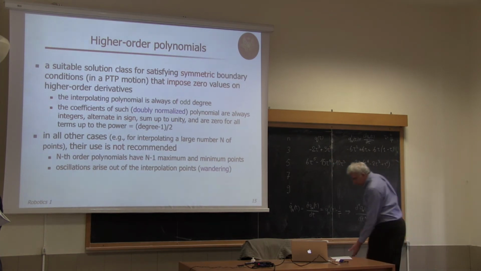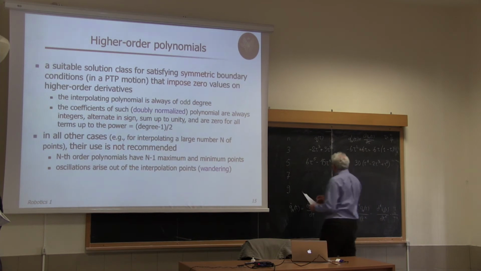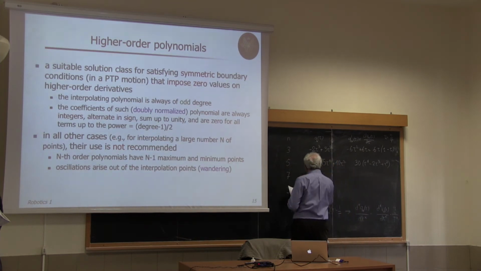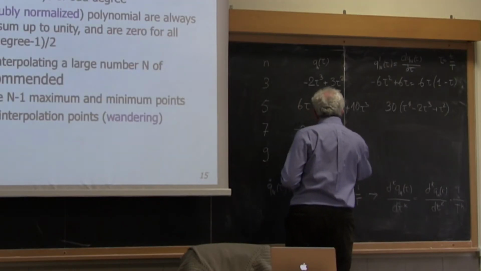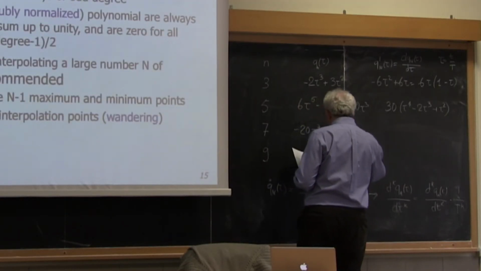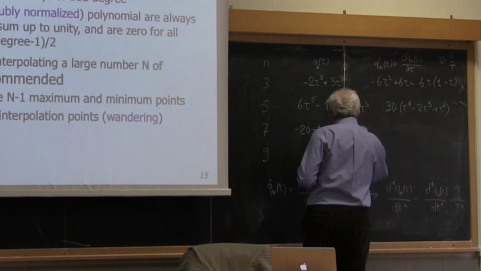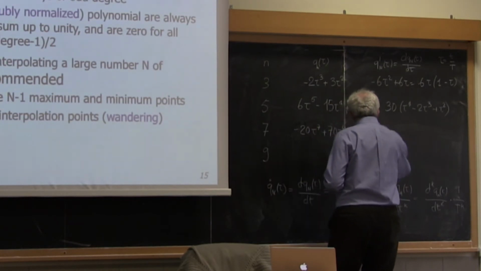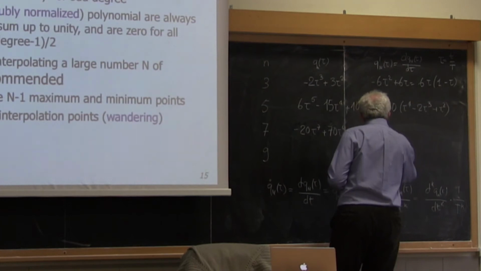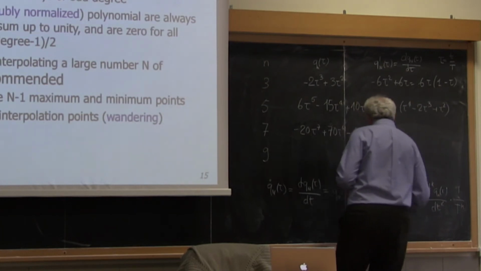And in fact, for degree 7, you have minus 20 tau to the 7 plus 70 tau to the 6 minus 84 tau to the 5 plus 35 tau to the fourth.